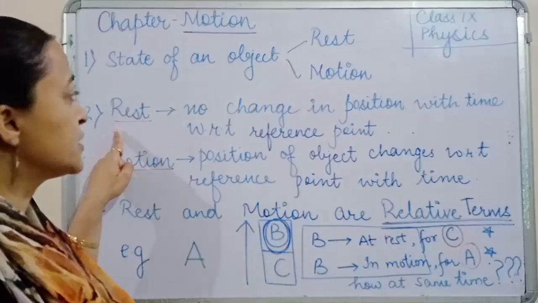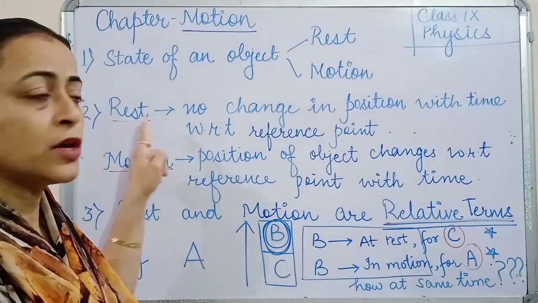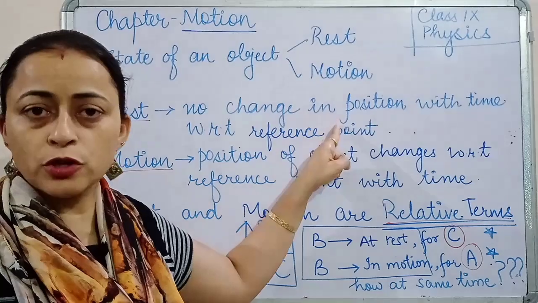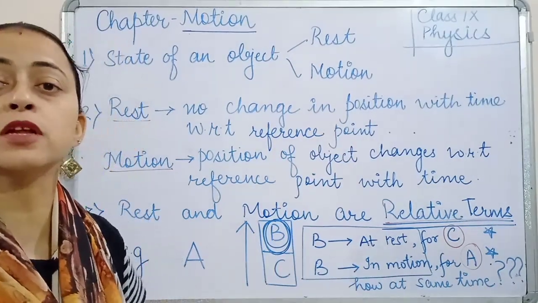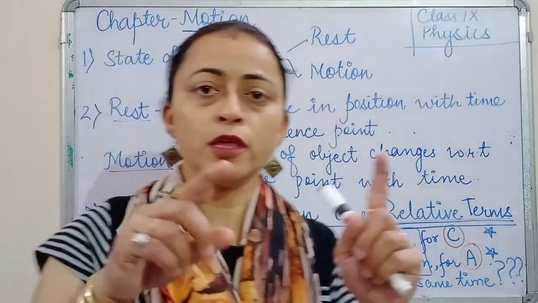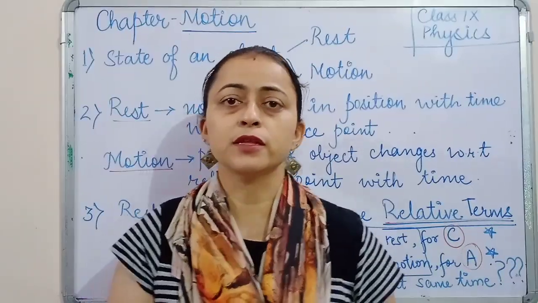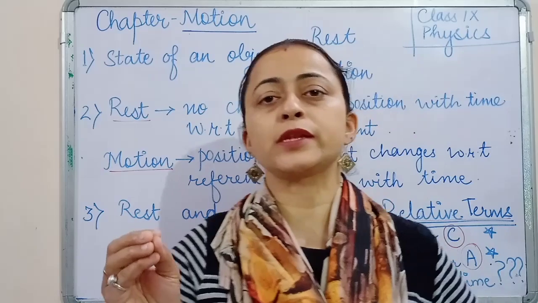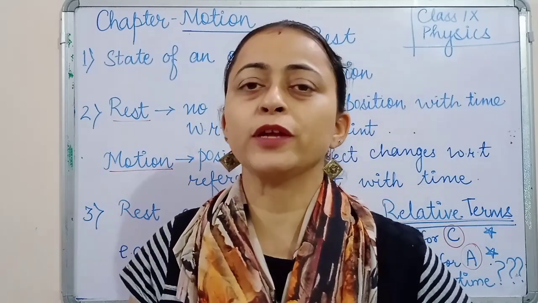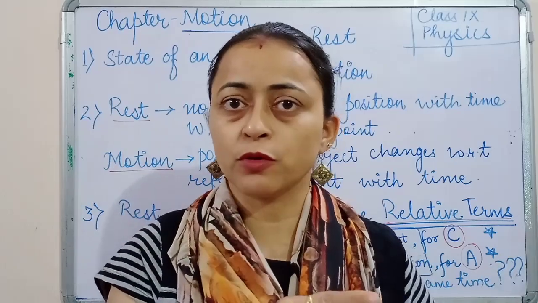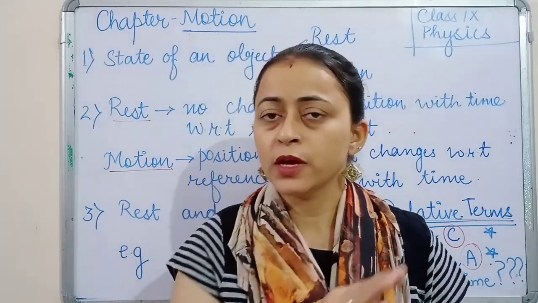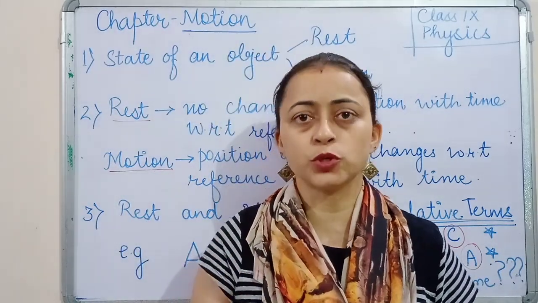Rest is the state when there is no change in position of the object with time with respect to its surroundings. Means if in the surrounding medium, let us consider some point which is stationary, and with respect to that fixed or stationary point, the object which we are observing is not changing its position at all.